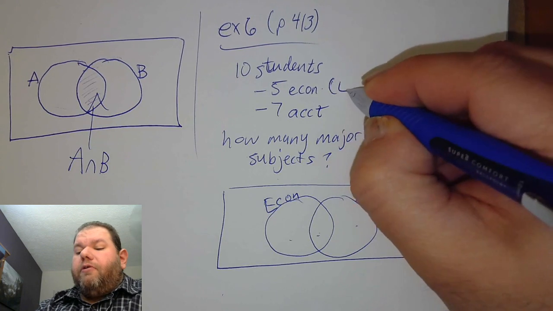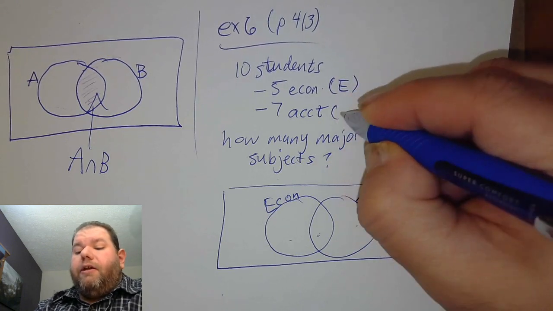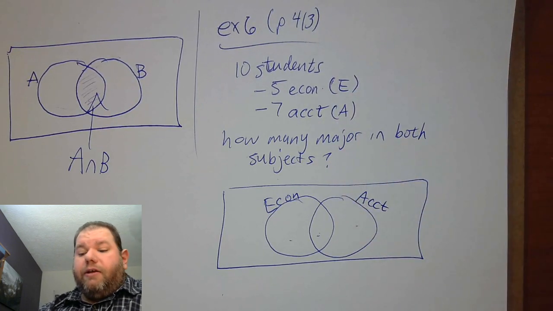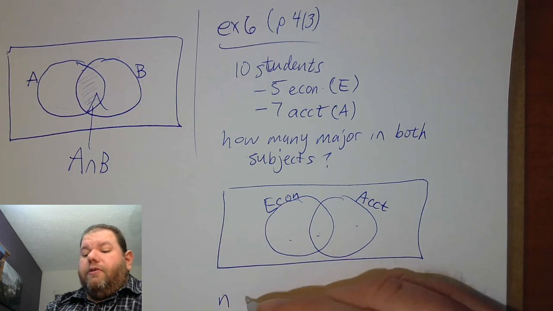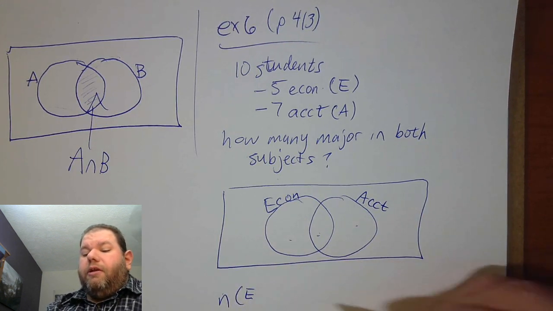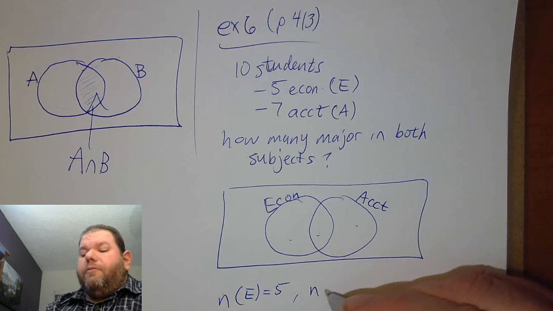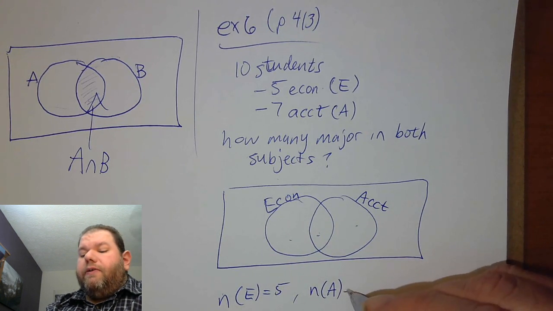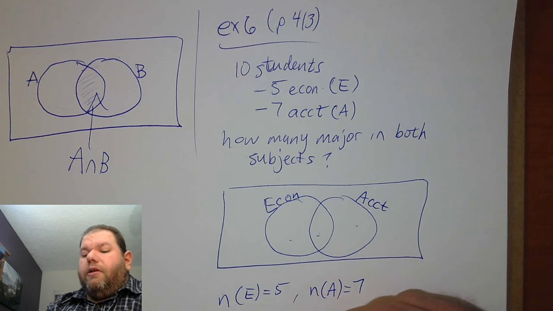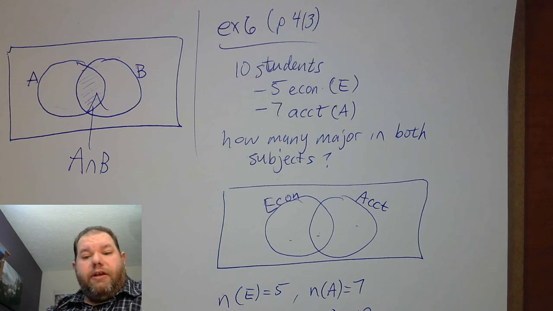Economics, we'll just call that set E, and accounting, we'll call that set A. So the number in E is 5. The number in A is 7. And E union A is 10 students total. When we say union, that means accounting or economics or both.